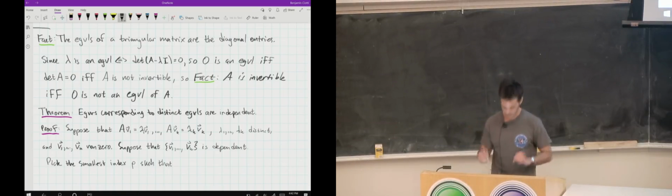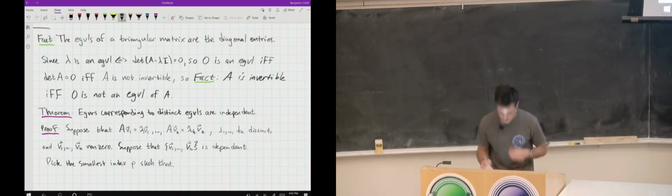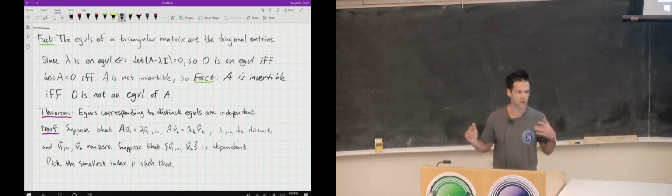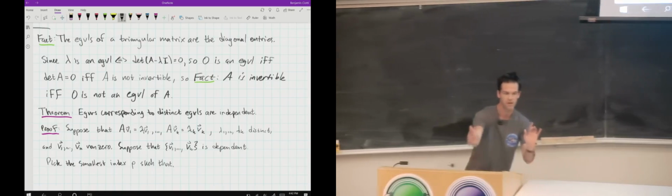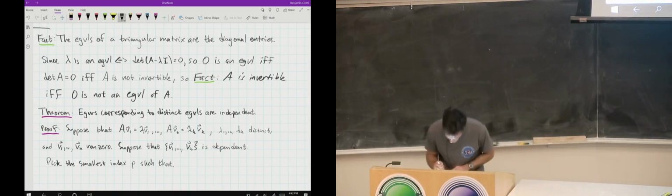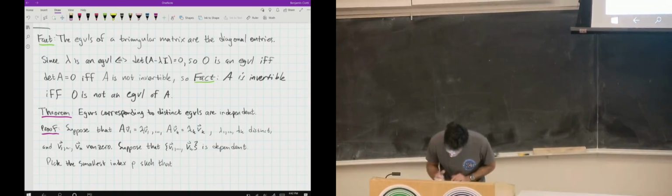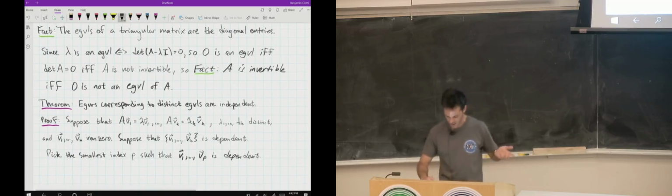Because they were given in some order, it doesn't really matter, but just pick the first index such that at that point v1 up to vp is dependent. If they're dependent, then for sure such an index exists.